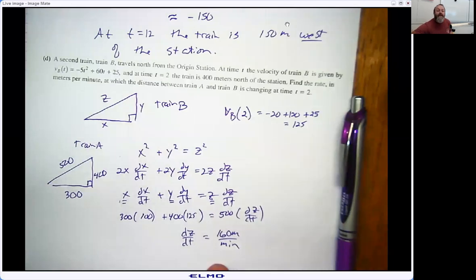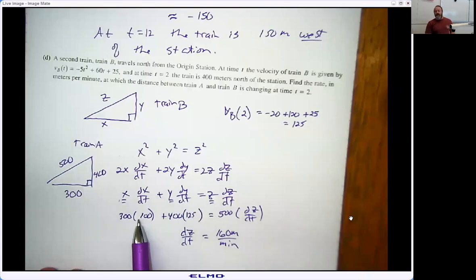Now, one thing I have not been saying throughout this problem is that this is not a calculator active question. So you'll notice as I went through this problem, and if you want to look back at it, you can, that I never actually referred to my calculator. But you'll also notice that as they went through the problem, there's an awful lot of pieces where you actually had fairly easy calculations. Notice 300 times 100, 400 times 125.